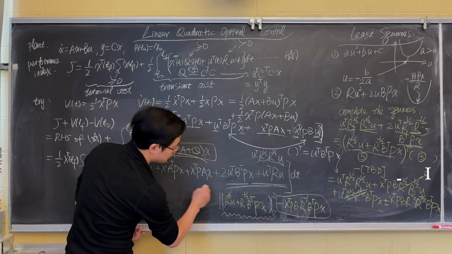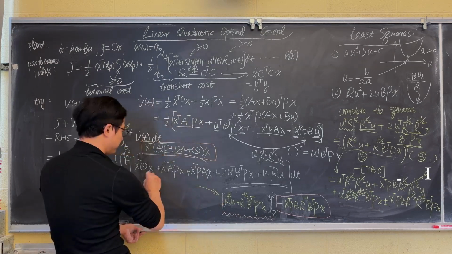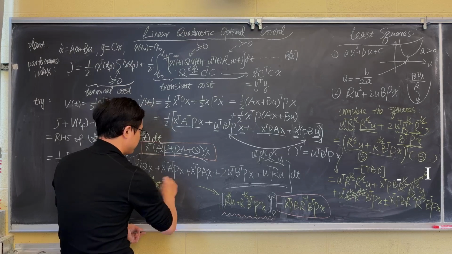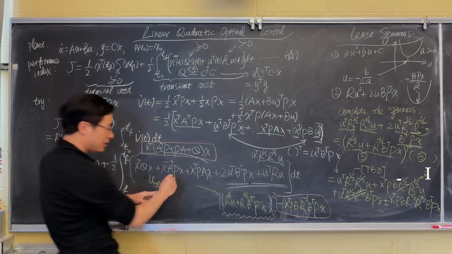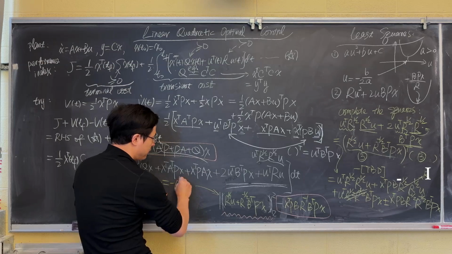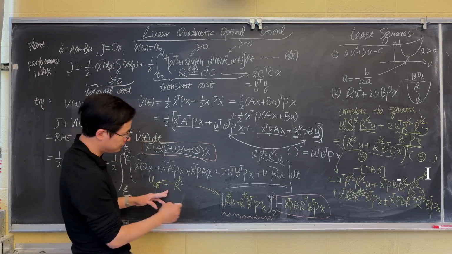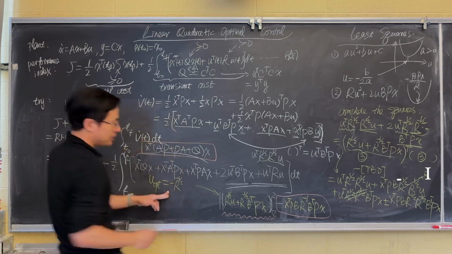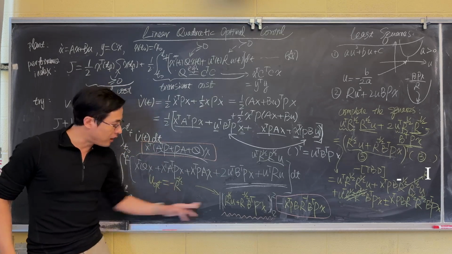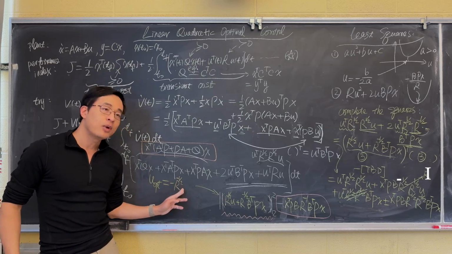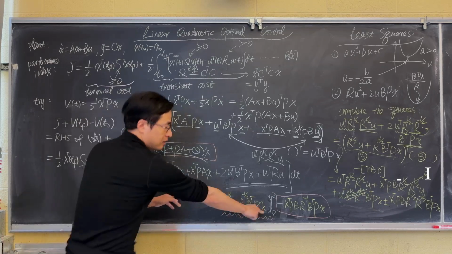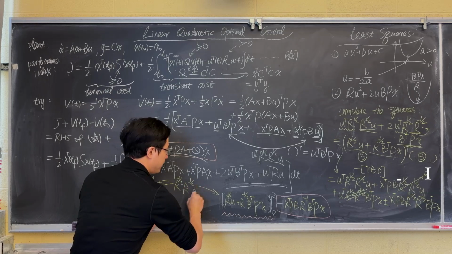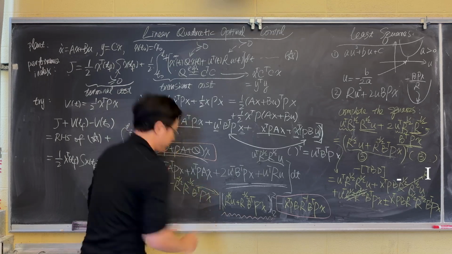So the optimal control law, therefore, U optimal, UOPT, is negative R^(-1/2) times this term, R^(-1/2) B transpose PX.